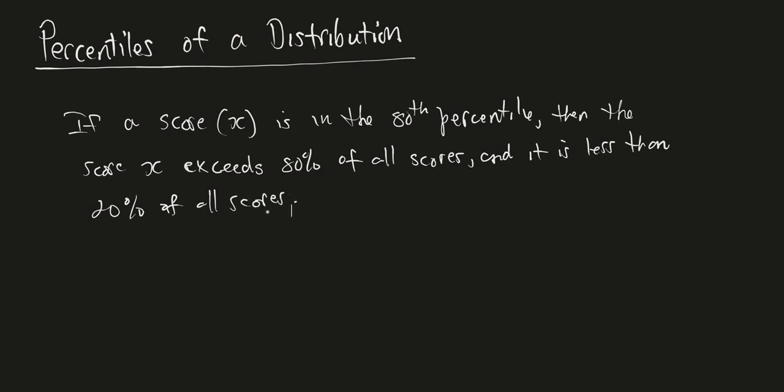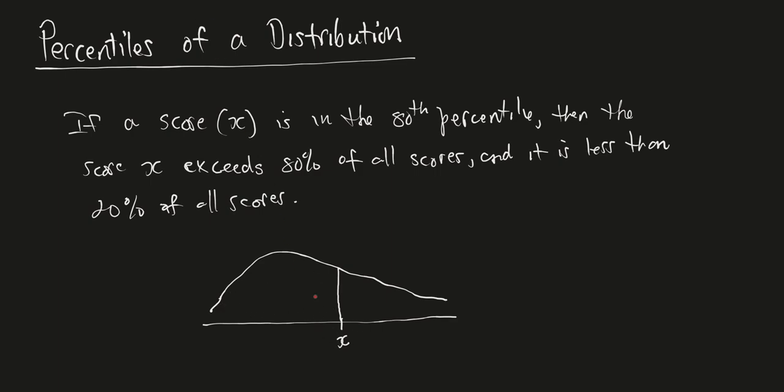All right, so let's kind of visualize what this means. What I'm going to sketch now is the PDF of one of these continuous random variables. So let's say the PDF looks something like this, and I'm going to mark my score, let's say, here. If this is in the 80th percentile, then what that means is 80% of the area under the PDF is to the left of the score.